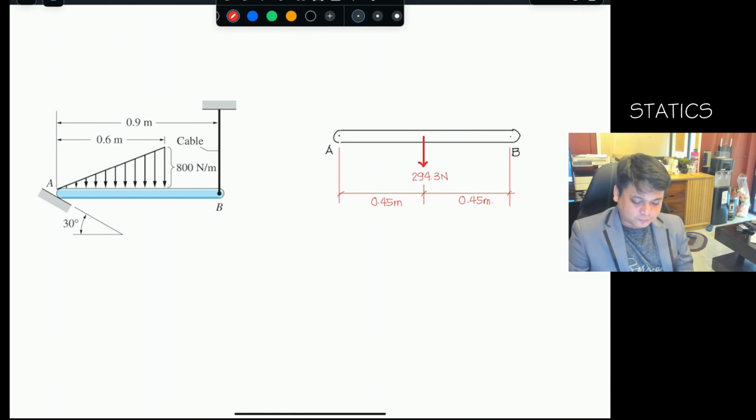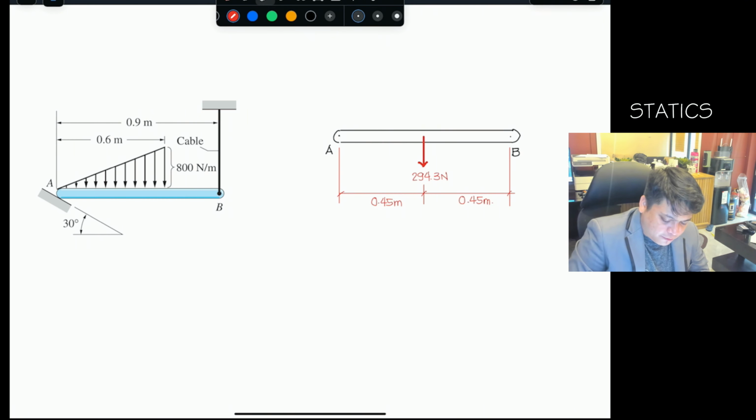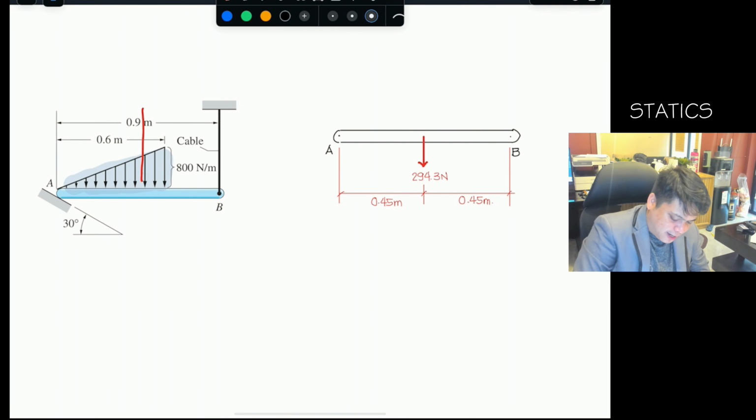Okay? Now, you have here a uniformly varying load. Okay? So, sabi natin to have that uniformly varying load, kailangan alam natin yung pinaka-resultant niya, which is R. Tawagin natin R, ano? So, how to solve for the R?